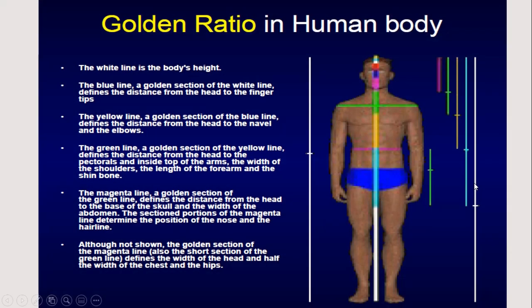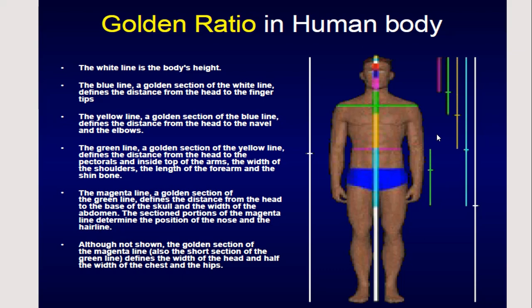And of course, this one, the last one, the golden ratio in the human body. So look at the picture. The white line is the body's height. The blue line, the golden section of the white line, defines the distance from the head to the fingertips.